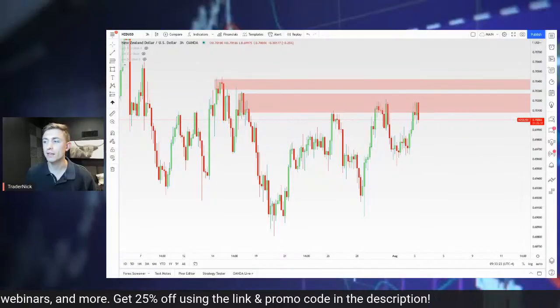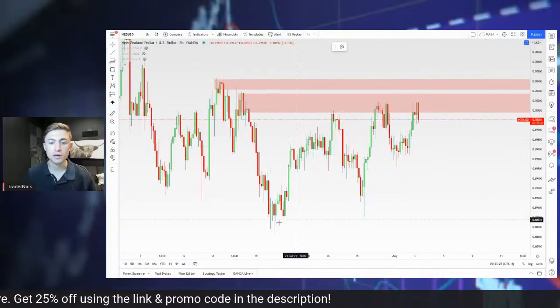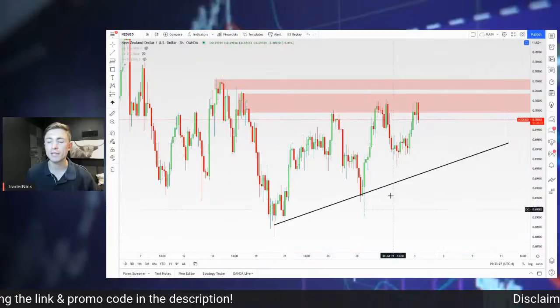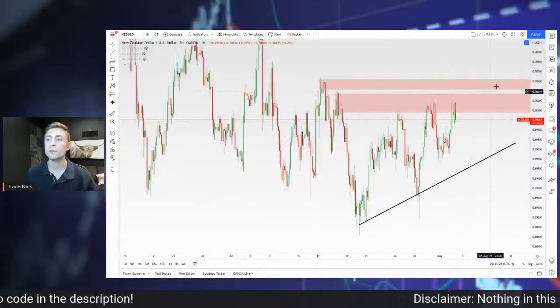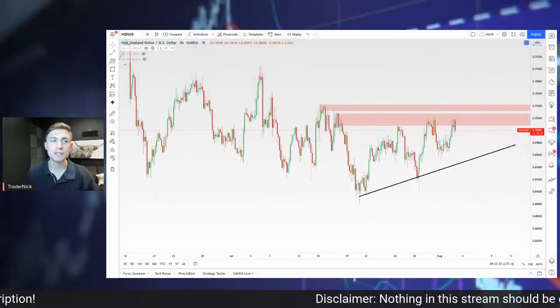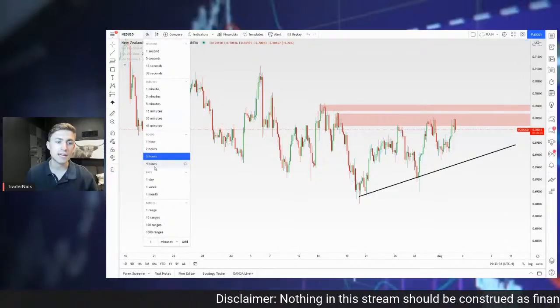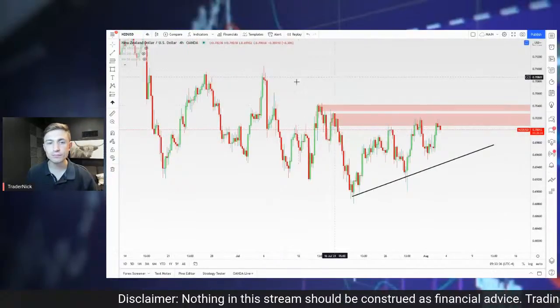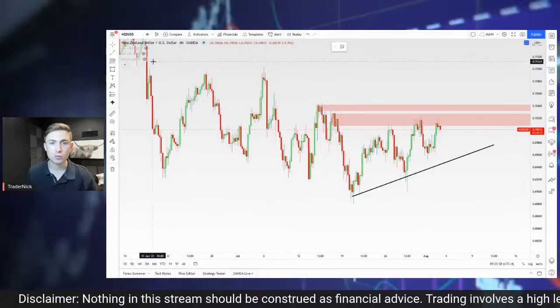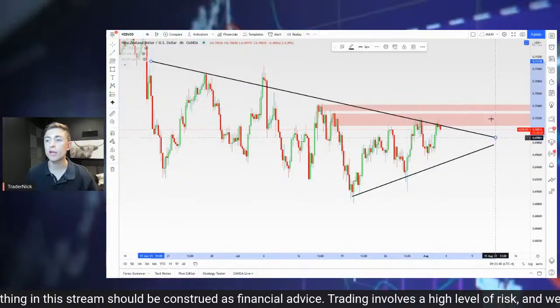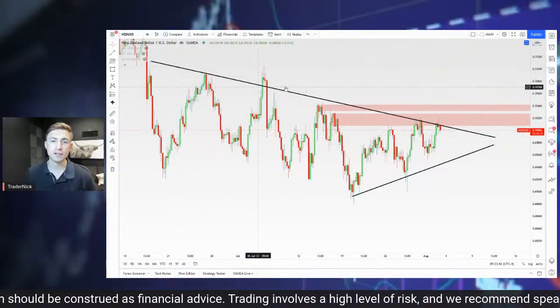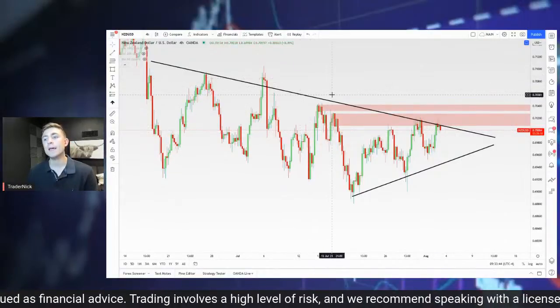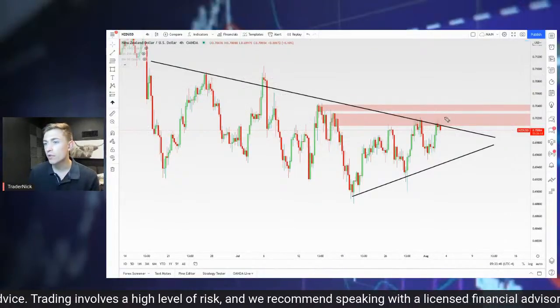We are also forming a nice little series of higher lows here. It's a very ugly trend line, but there it is. You got a little bit of a higher low, but in the grand scheme of things, you still see this thing in a pretty decisive downtrend, right? So you've got this situation where there's a loosely drawn downward trend line, just this concept of lower highs coming in here. Question is, can we hold this for the sellers?